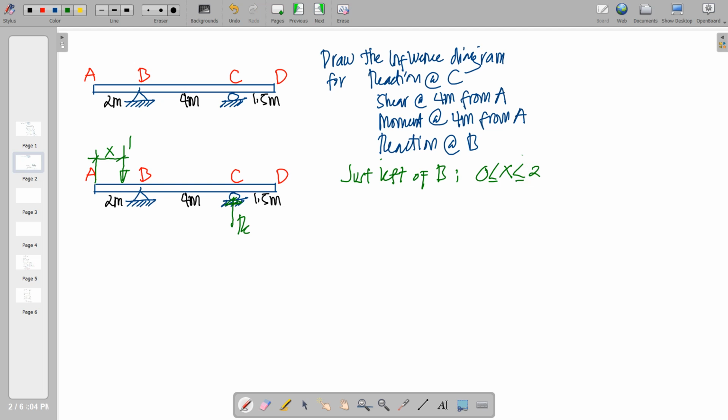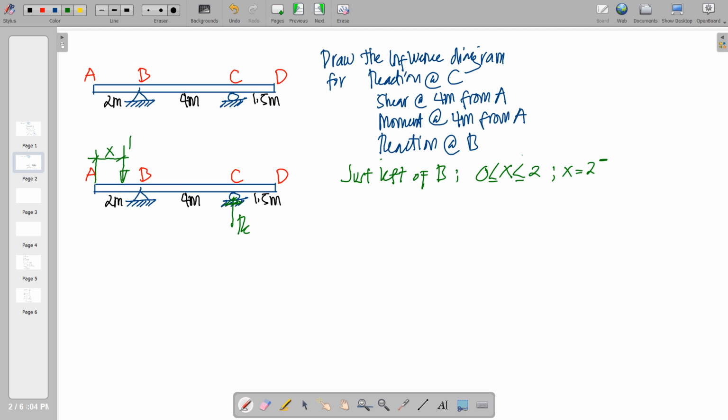Normally it is denoted by the notation that X is within 2 minus. The minus sign here indicates that it is less than 2.